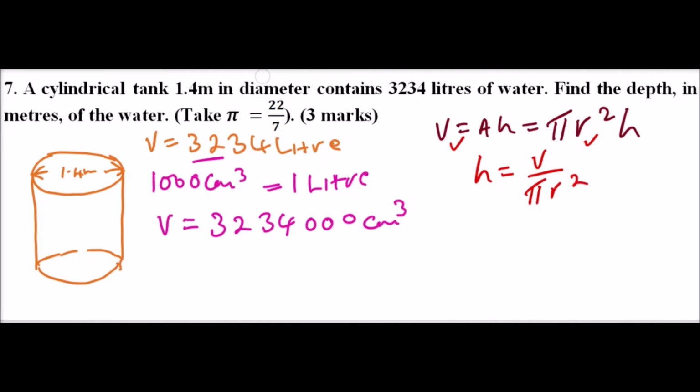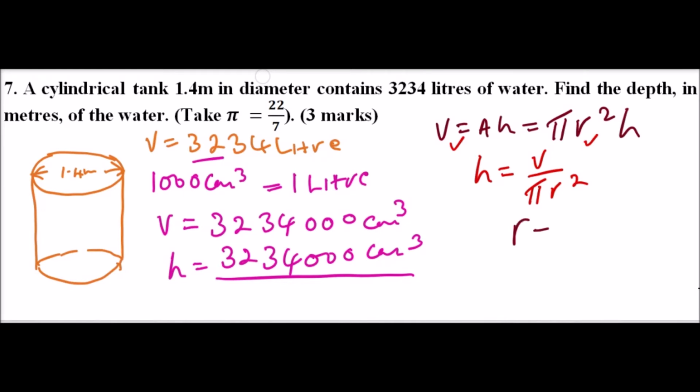This implies that our height is equal to, now our volume is 3,234,000 in terms of centimeter cube, and we are going to convert our diameter, which is 1.4 meters, the same as 140 centimeter.